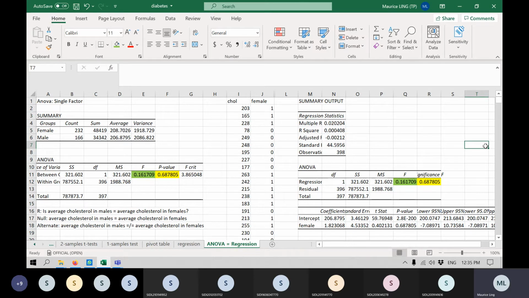People always say that ANOVA and regression are two sides of the same coin. It's not two sides of the same coin. It is the same coin. You can use regression to simulate ANOVA. So this is a very important concept that you should know to help you in your statistics life.